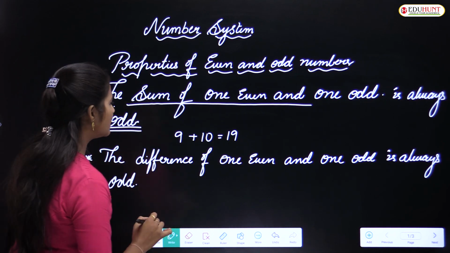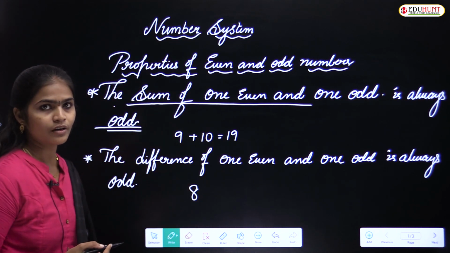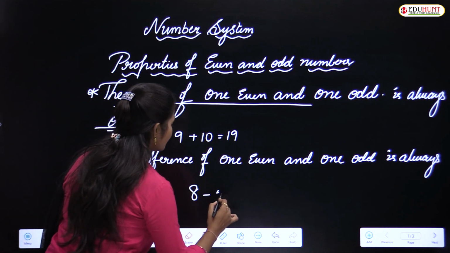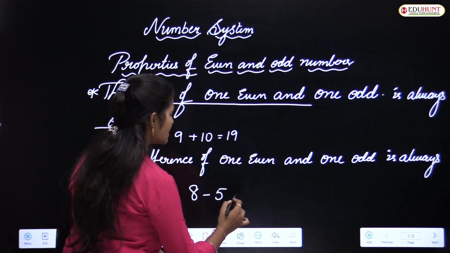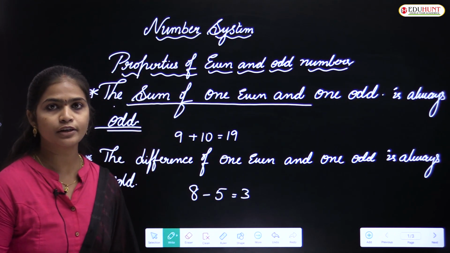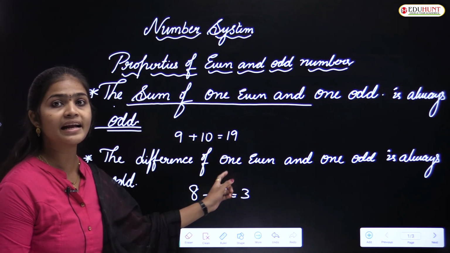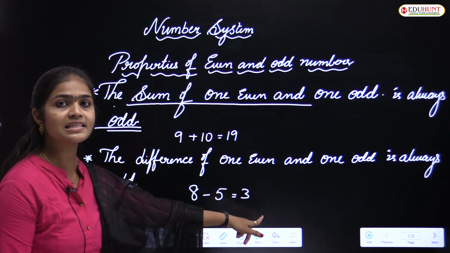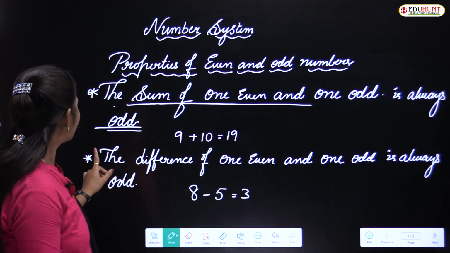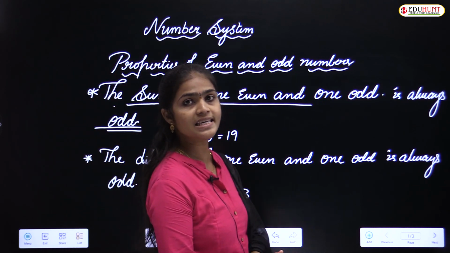Why? Because here I am going to choose the even number as 8 and the odd number as 5. Its difference is equal to 3. So 8 minus 5 is equal to 3 only, no? So 8 is an even number, 5 is an odd number, and its difference is again an odd number. That's why the difference of one even and one odd is always odd.